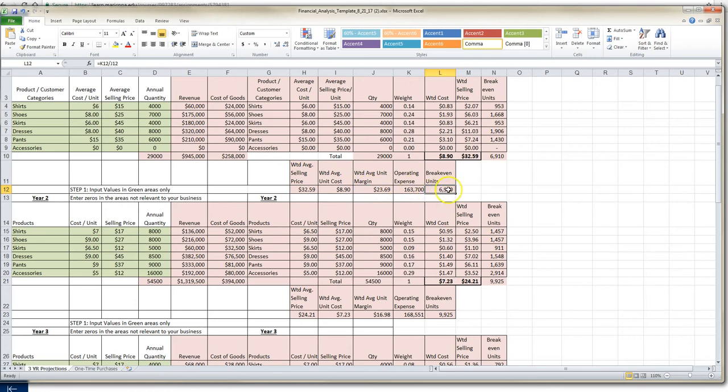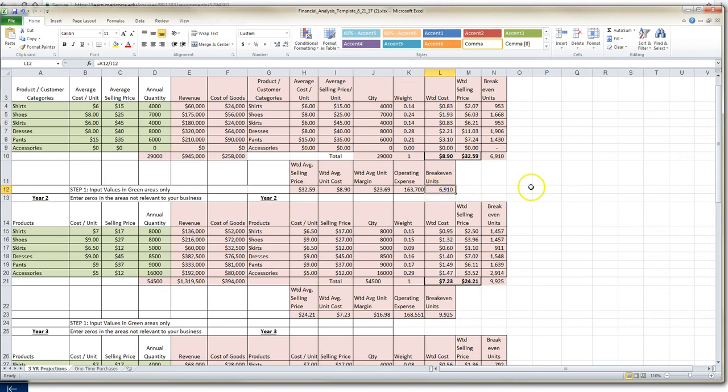So this is an approximation of the break-even number of units you would need to sell in order to cover your operating expenses. And that's the definition of break-even. If we take the selling price, subtract the unit cost to give us the margin per unit, and then we divide that margin per unit into the operating expense, or the total fixed cost, that tells us how many units we need to sell in order to break even.